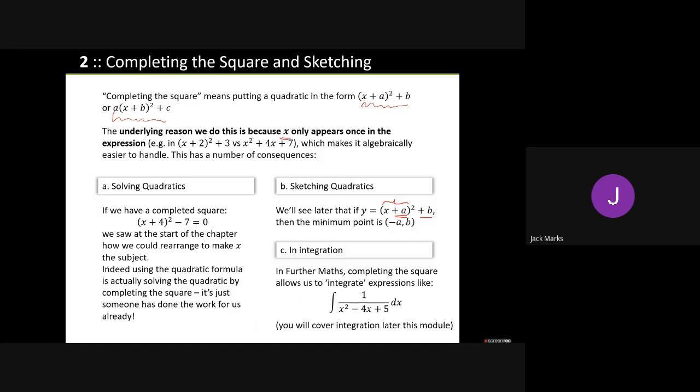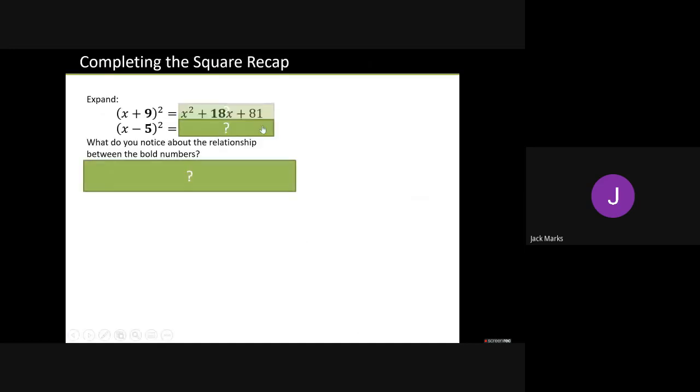This is useful for sketching applications too.